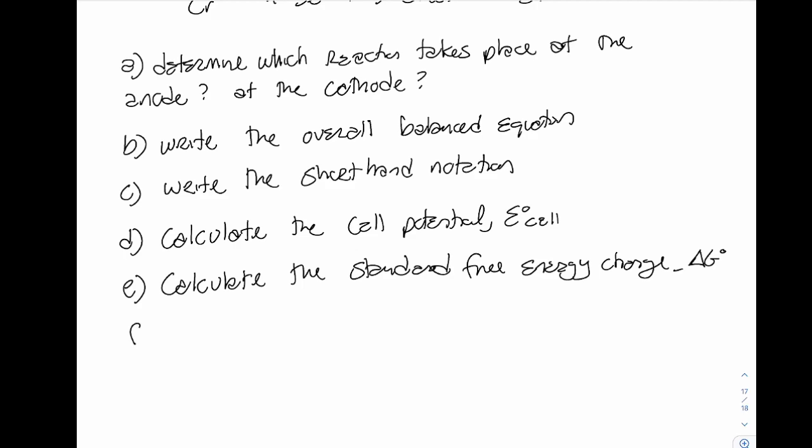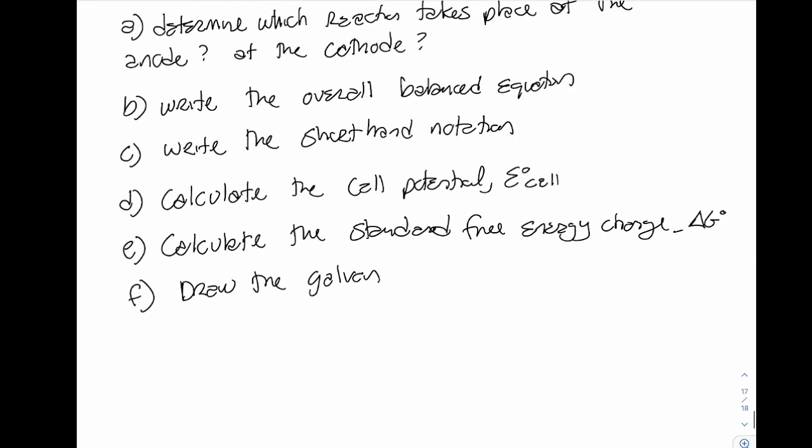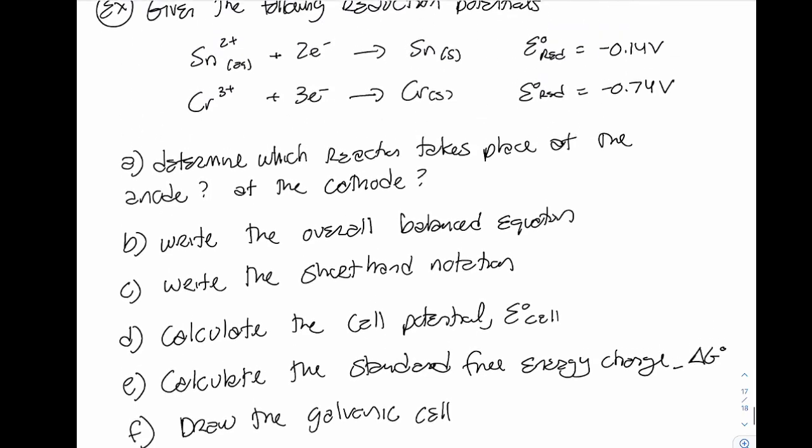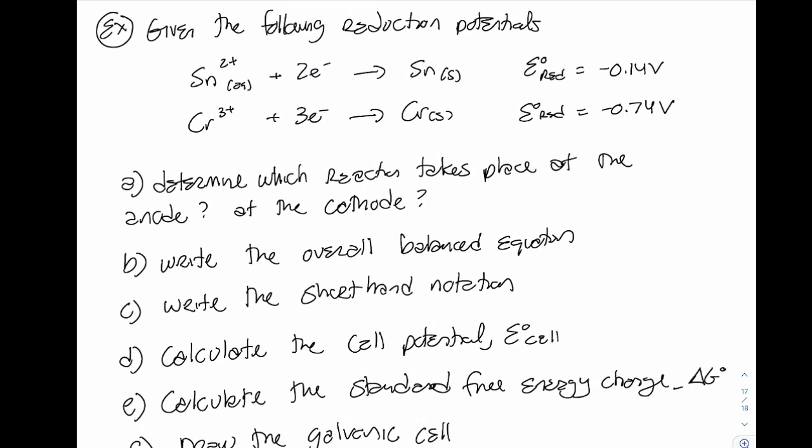And then one more, finally done, we're going to draw the galvanic cell. So our little sketch where you show the two beakers and the electrodes, flow of electrons, all of that. Alrighty, so please try this on your own, and then when you're ready, hit play and you can check your answers.